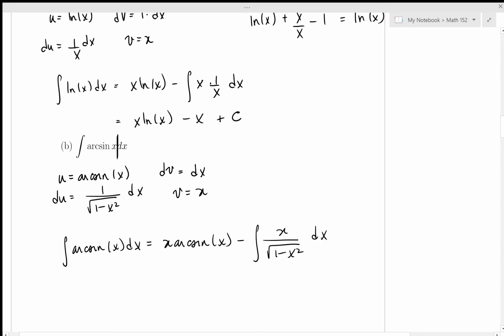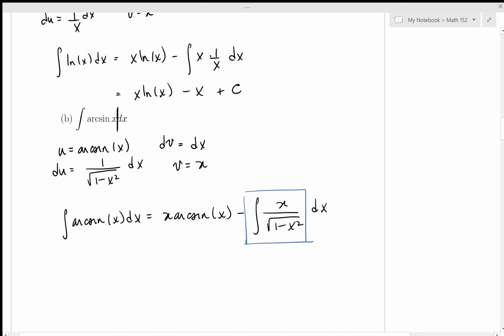Now, I'm looking at this second integral that I've just generated, and I think we've already seen this one or something very similar in this lecture series. I see that this piece here is very closely the derivative here. So now I conclude that I should do this one by substitution.